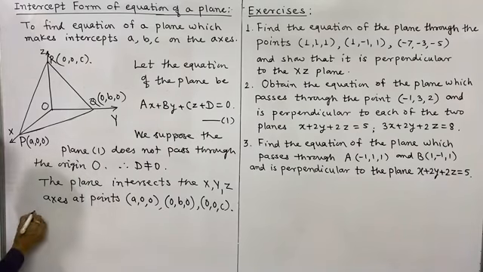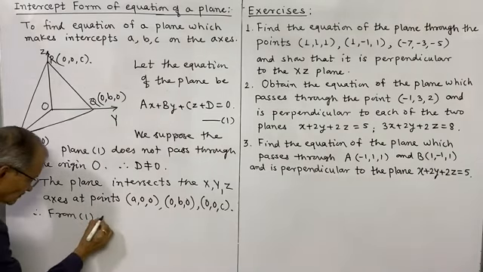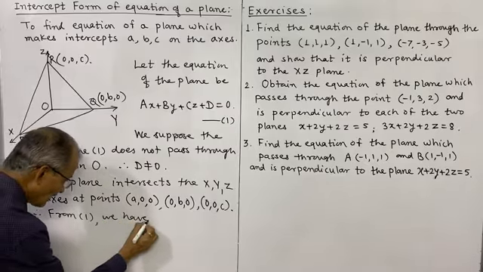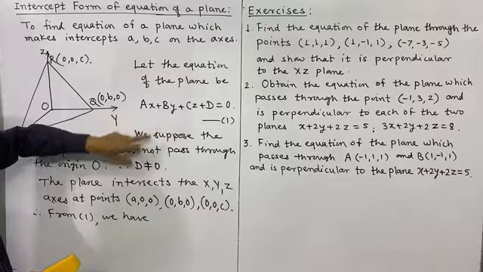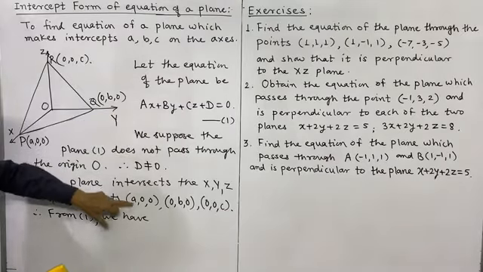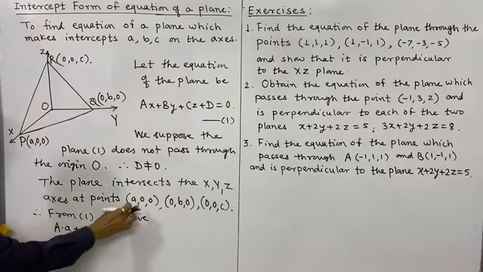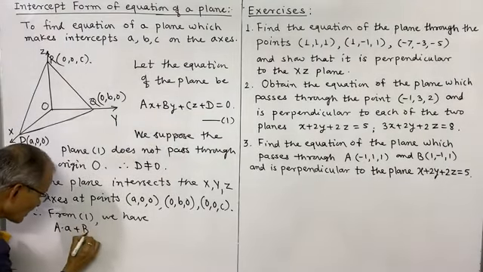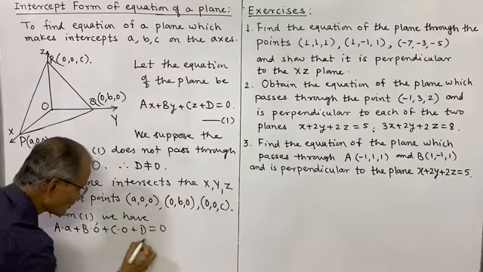So from 1 we have, if we put this point here, then capital A into small a plus B into 0 plus C into 0 plus D is equal to 0.